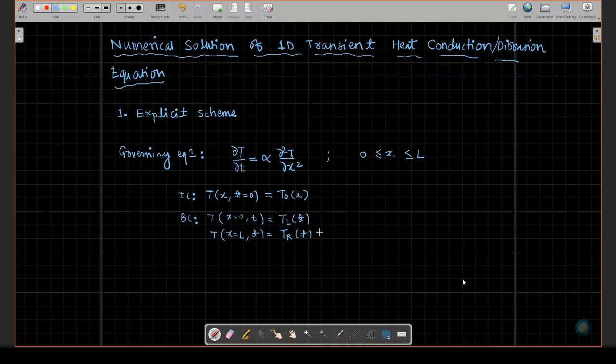And this TL(t), TR(t) can be of three types. As you already know, it can be a Dirichlet boundary condition, right? Second, it can be a Neumann boundary condition.